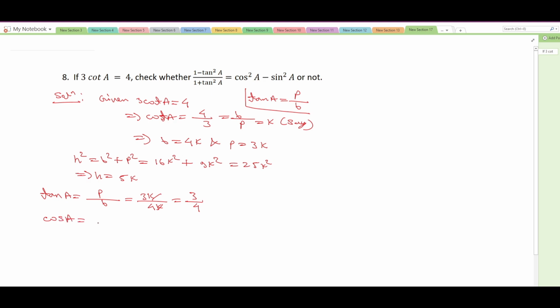Cos A equals b by h and sin A equals p by h. Here b equals 4k, h equals 5k. K cancels out, 4 by 5. Here p equals 3k, h equals 5k. K cancels out, 3 by 5.